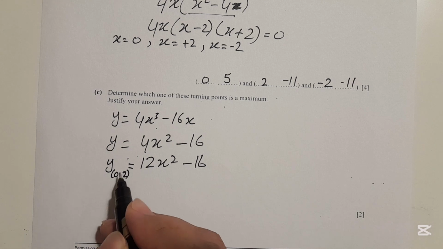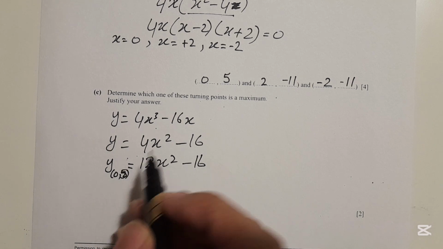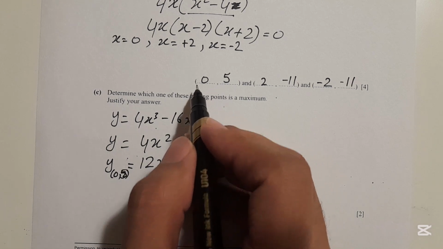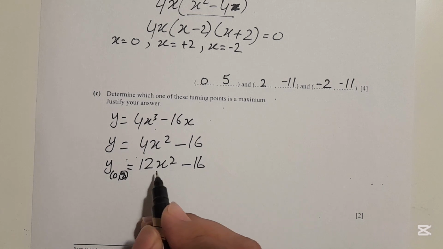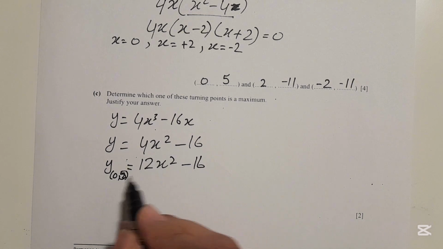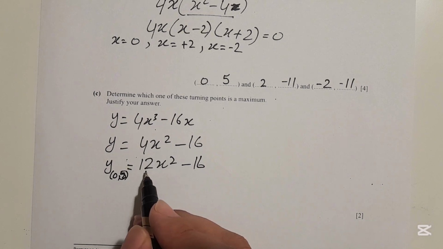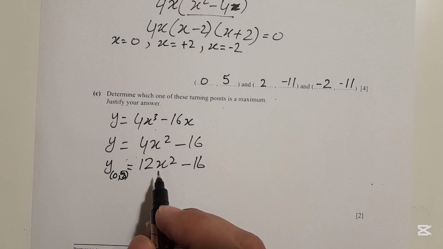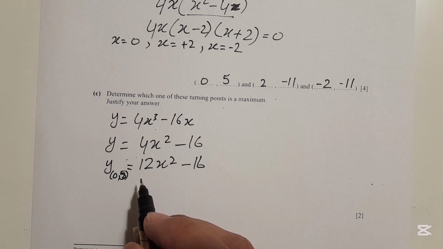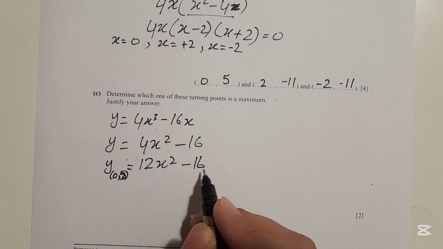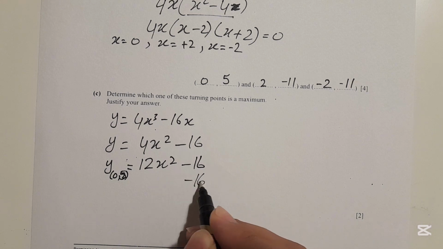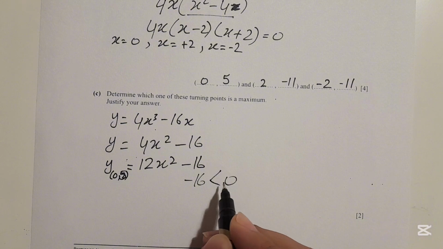So we write 0 and 5 over here, because the turning point is 0 and 5. Then when we use x equal to 0 to calculate the value, x square is 0, times 12 is 0, so it will be minus 16, which is less than 0.